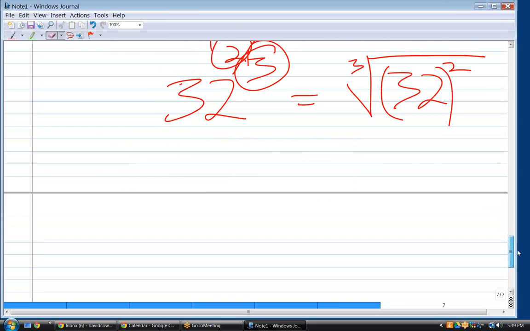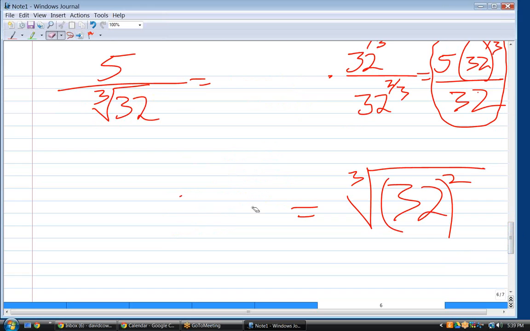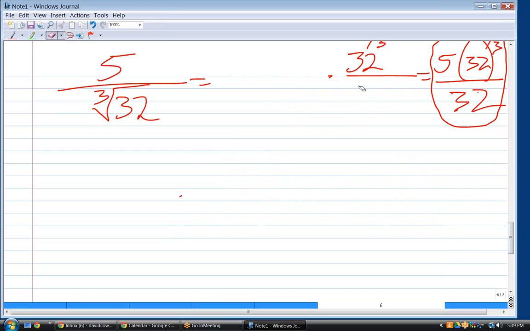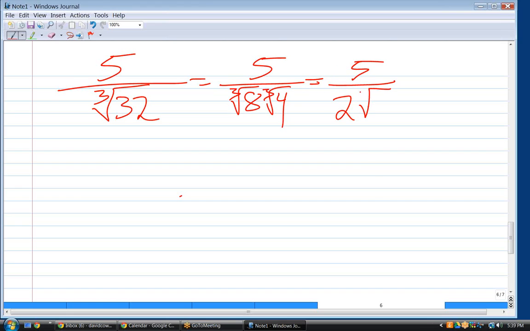Now let's go back and look at this problem one more time, and let's do it a different way. We're going to get the same answer, but we're going to do it a little bit simpler, or probably a little bit easier to understand. Well, I know that it's 5 over cube root of 8 times cube root of 4, which is 5 over 2 cube root of 4.